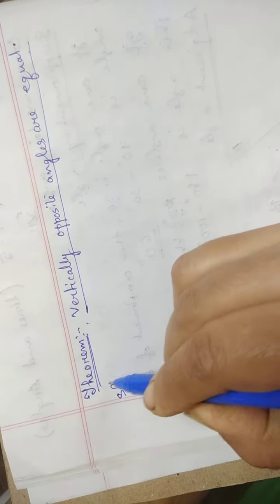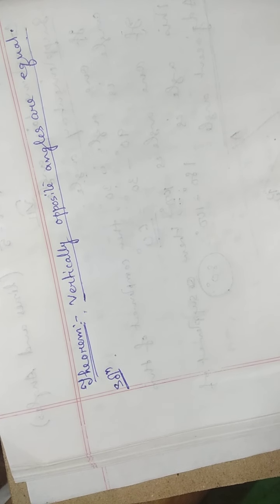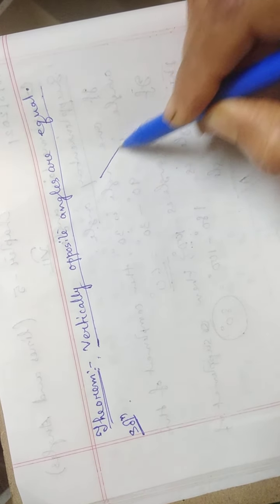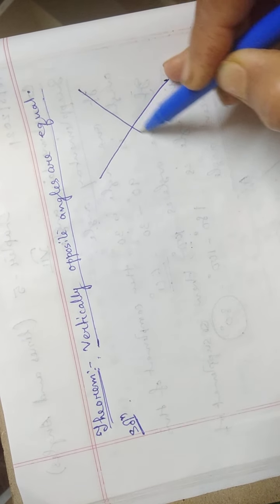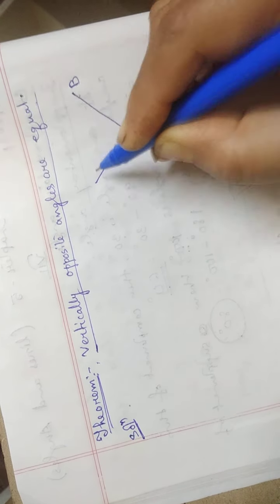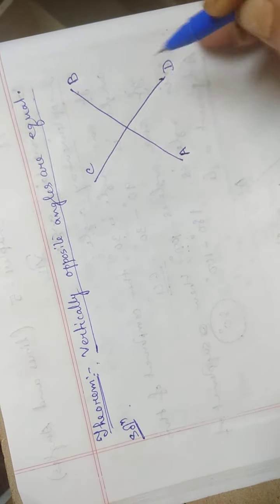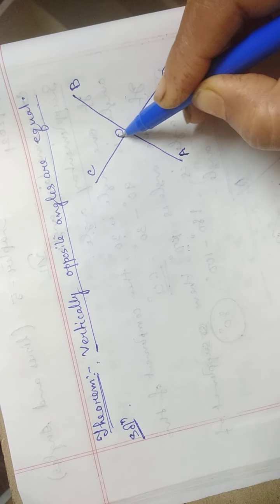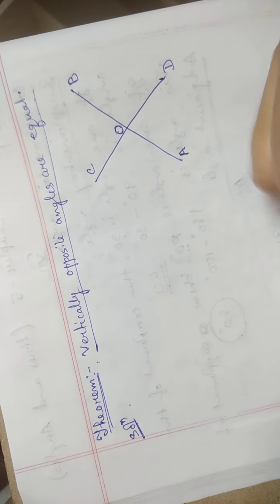ठीक है, so for a theorem, whenever you have to prove, 4 steps are there. See, first one, you take two intersecting lines, and the point of intersection is O. Clear?